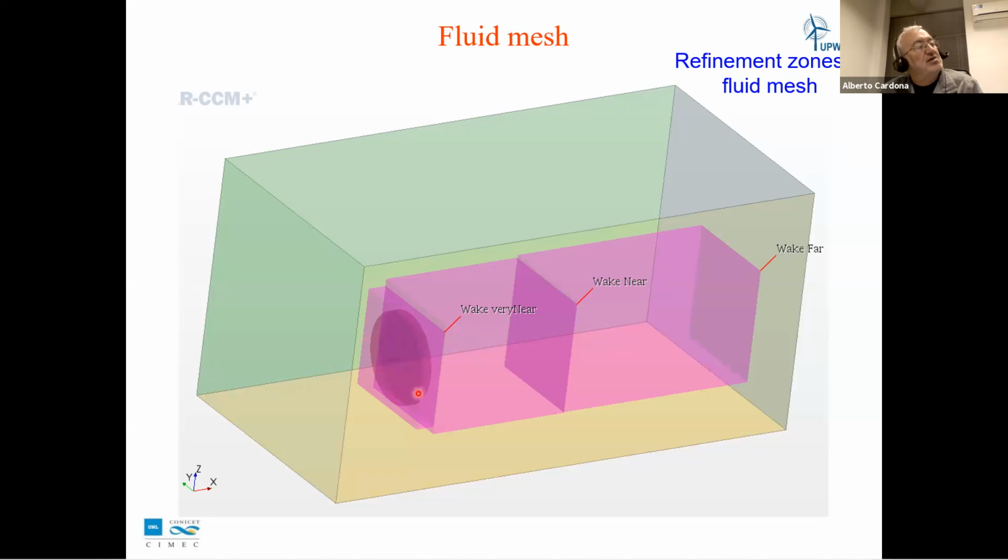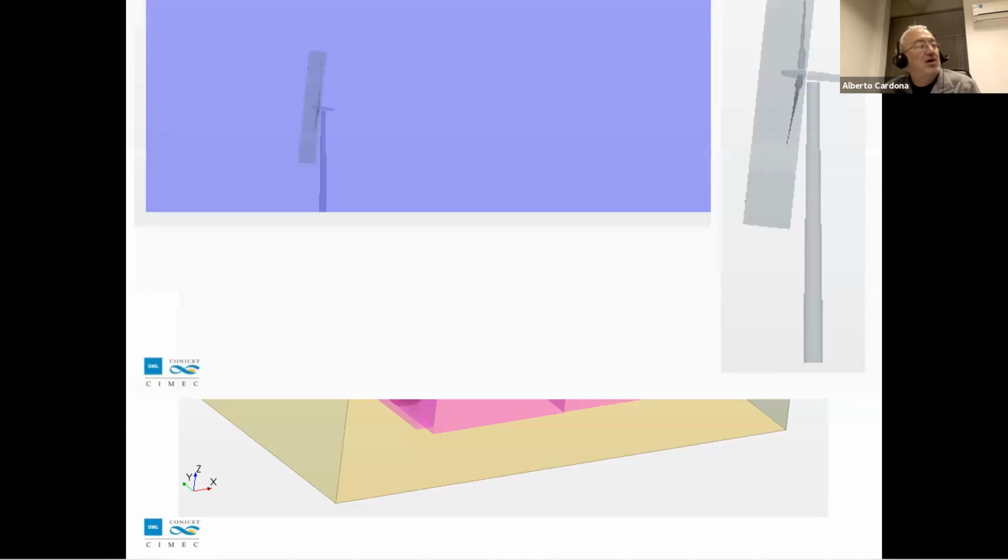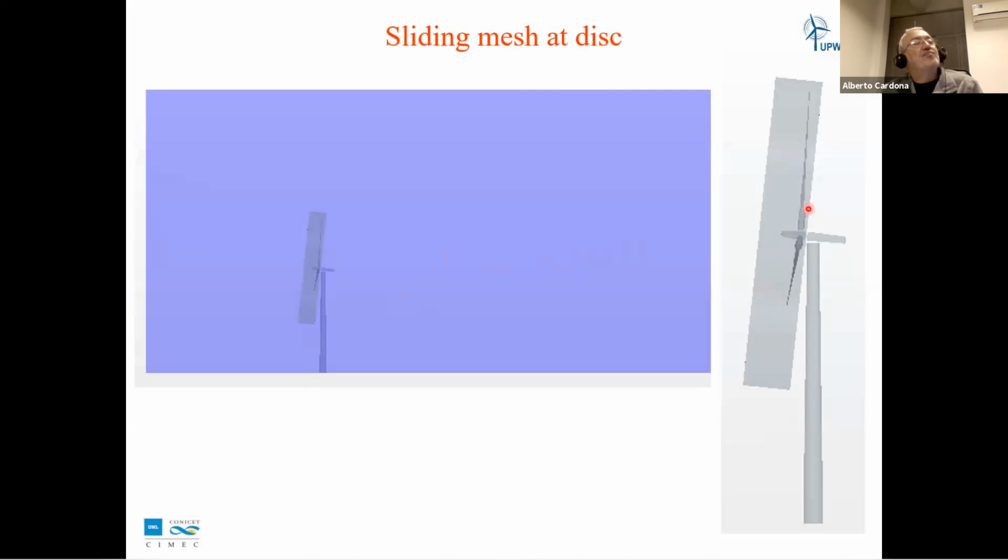Then there are different zones with different refinements, so as to model the different wind characteristics. Here's a view of the sliding mesh. You see all the mesh. The mesh is generated starting from the STLs of these parts, and this geometry was computed in NREL.